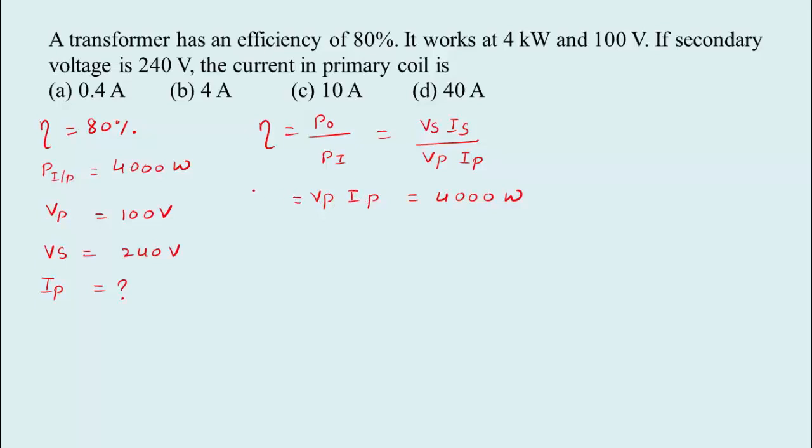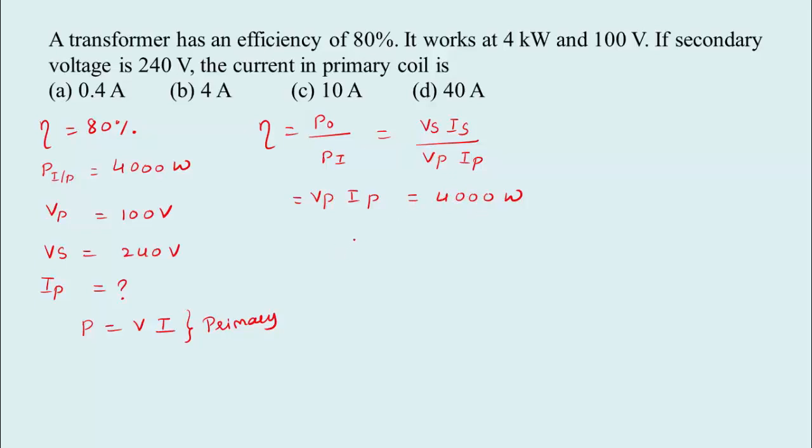Primary means it is input power. So we know that here P equal to V into I. For input means we should take primary coil. So we can write Vp Ip is equal to 4000 watt. So this is input power. Input power is 4000 watt.